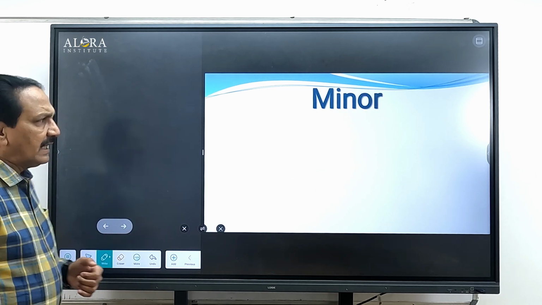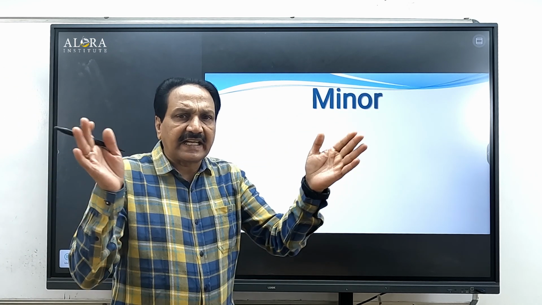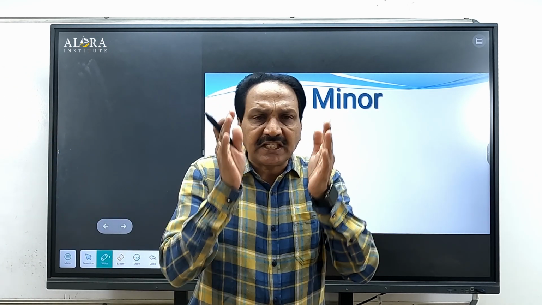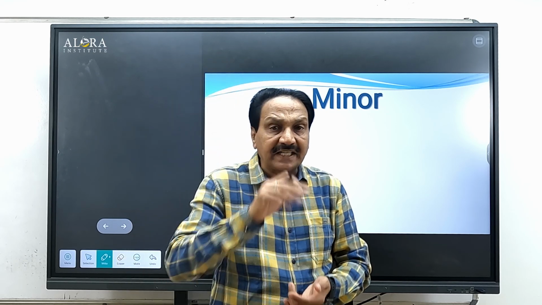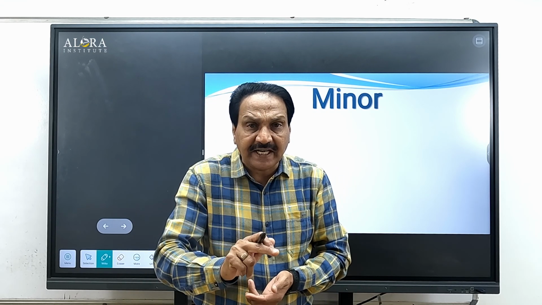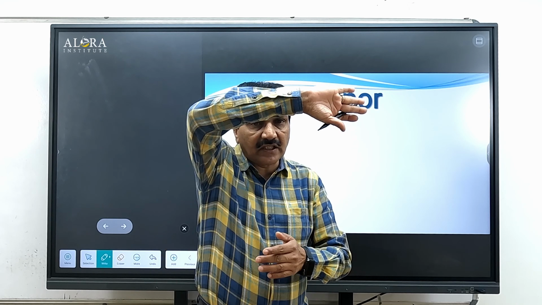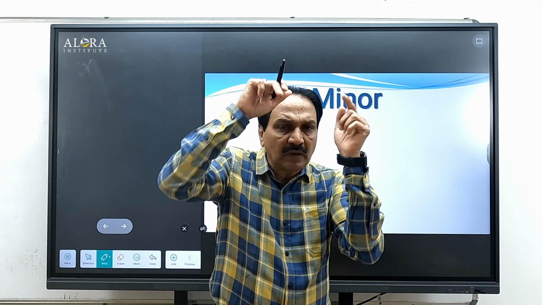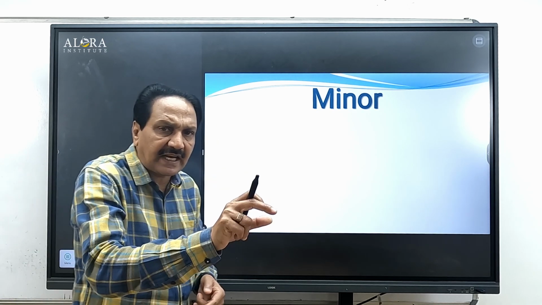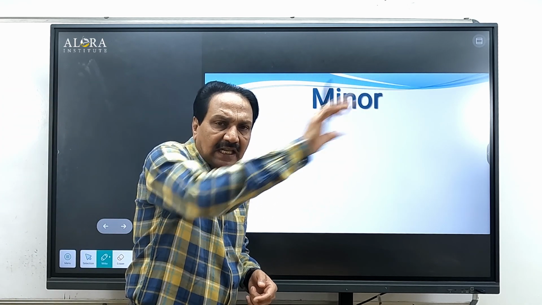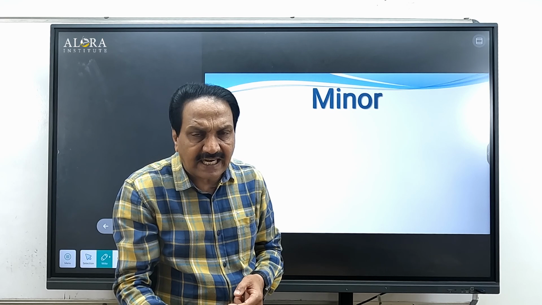What is the meaning of the minor? It's a smaller determinant which is obtained. How are we going to write the minor? It is obtained by deleting the row and the column containing that element. If you want to write the minor of a particular element, take the row containing that element, take the column containing that element.